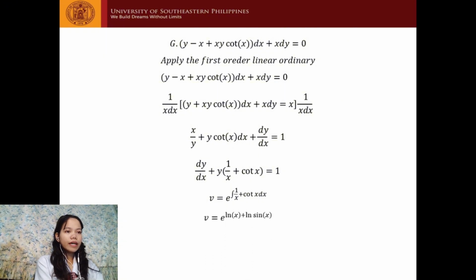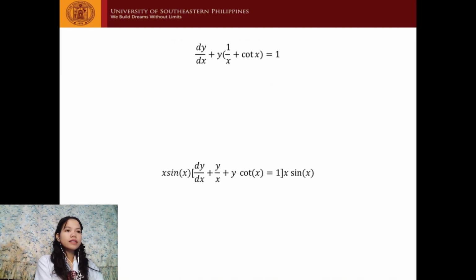And now, what we have right now is v equals to e raised to the power of ln x plus ln of sine x. So we're going to apply the law of logarithms, which we will have now that v equals to e raised to the power of ln of x multiplied to sine of x. Now, what we have is that v equals to x sine x.